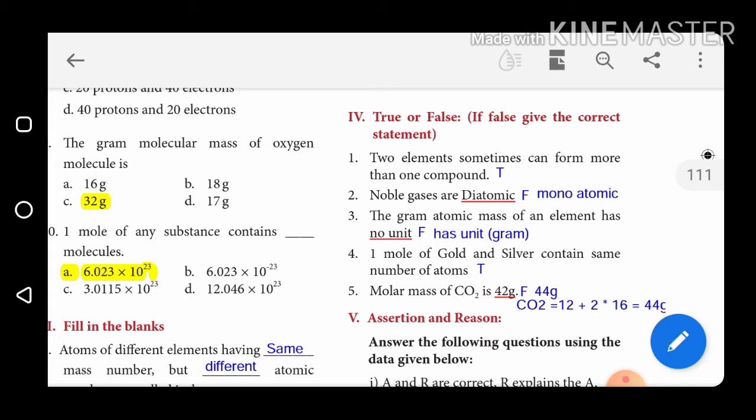CO2 is equal to 12 plus 2 into 16. That is molar mass. That is for carbon it is 12, for oxygen it is 16. So totally it's 44 gram.